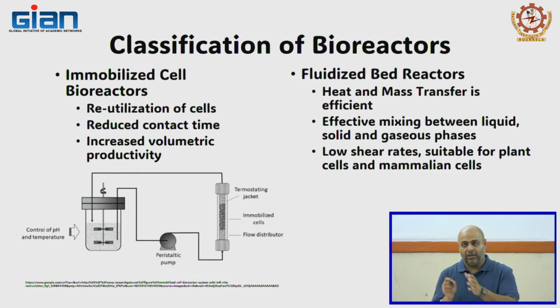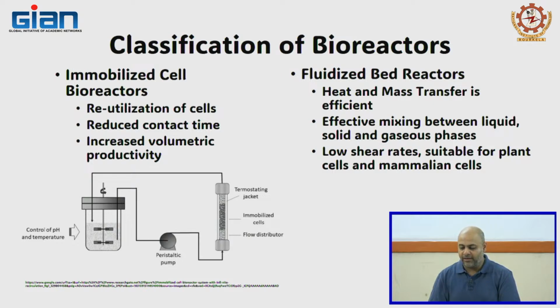So, your cells are immobilized into a different chamber, or you can say a flow cell, and then you have your substrate being pumped into that flow cell, and as it moves through the chamber, your cells are interacting with the substrate, your product is formed, and it is pumped back, and the substrate, whatever conversion has taken place, is pumped back. So, it reduces the contact time, it increases the volumetric productivity.